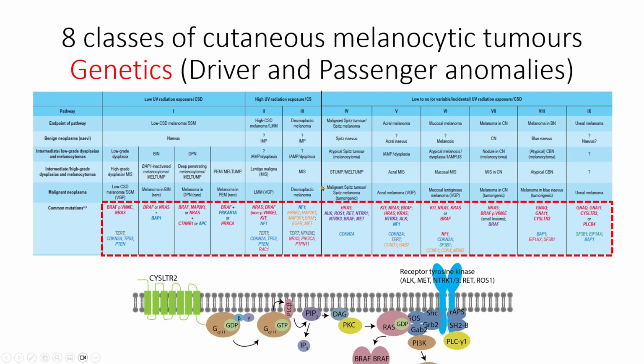And the last dimension is the genetics, which describes which are the drivers in this first row and which are the passenger anomalies that lead to transformation, sometimes from a nevus to a melanoma or progression to more aggressive tumors.